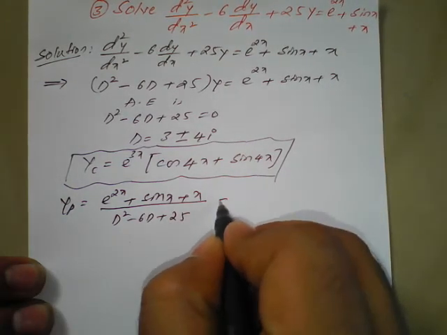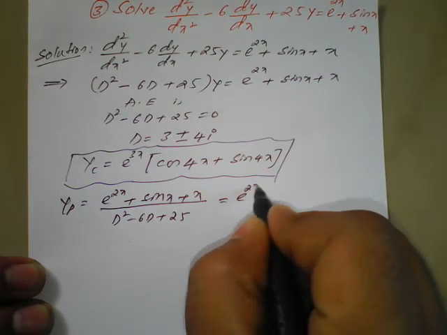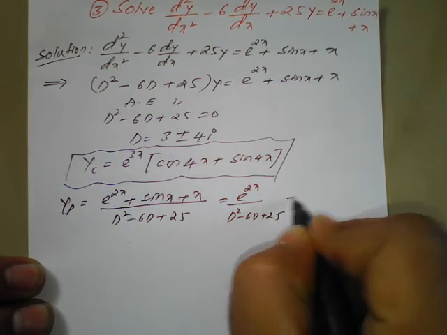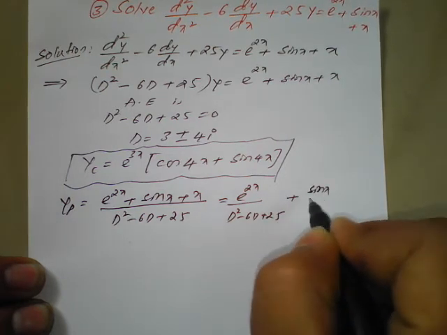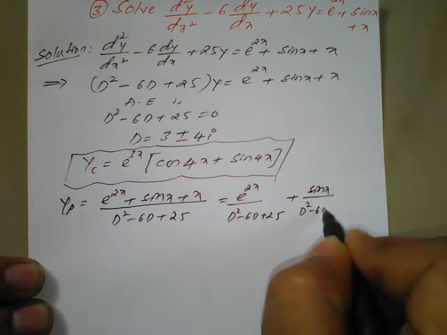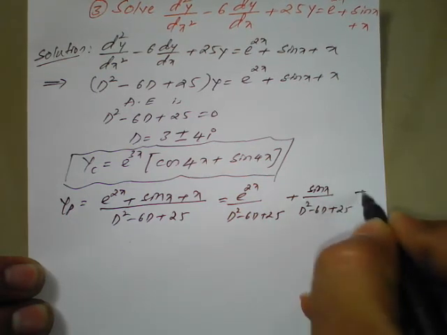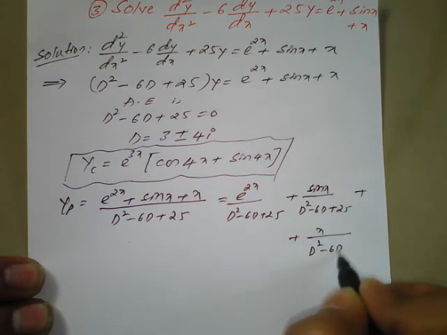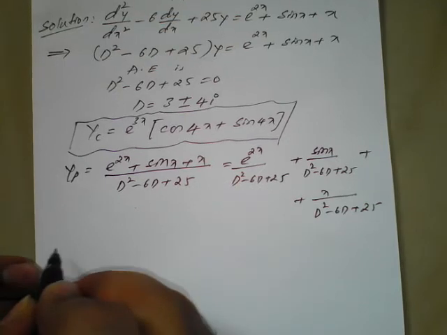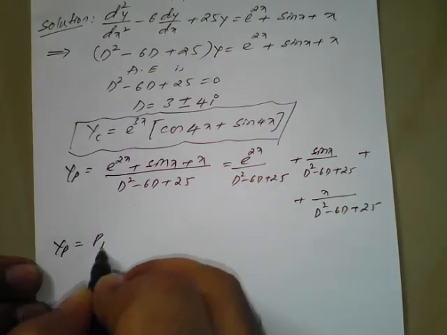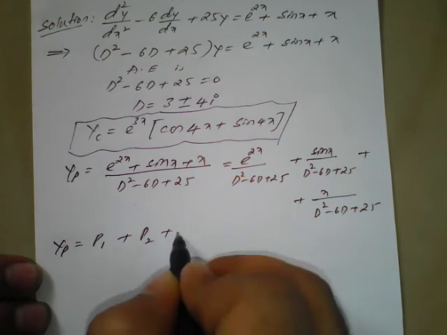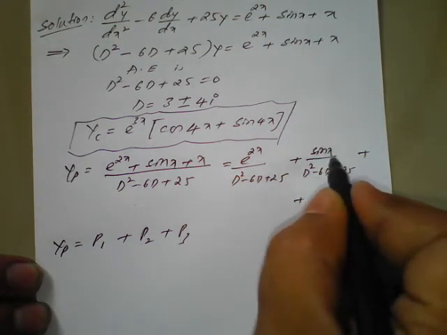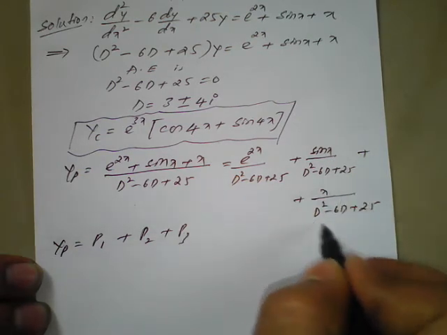Separate it as e raised to 2x upon d square minus 6d plus 25 plus sin x divided by d square minus 6d plus 25 plus x divided by what here? d square minus 6d plus 25. So therefore our yp will be what here? P1 plus P2 plus P3. So P1 belongs to the first term, P2 belongs to the second term, and this P3 belongs to what here? The third term what we have.